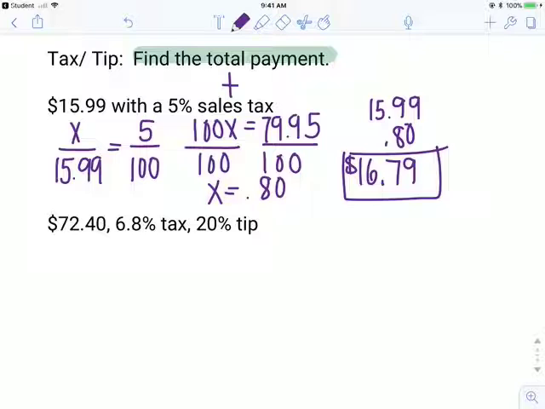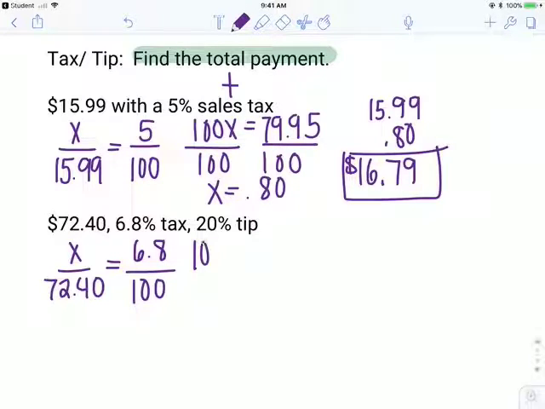This next one's the double whammy. We have to do both tax and tip and add everything up. So part over whole equals, and yes, you can have a sales tax that is a percentage with a decimal. I get 100x, and then I multiply 6.8 times 72.40. I get 492.32.